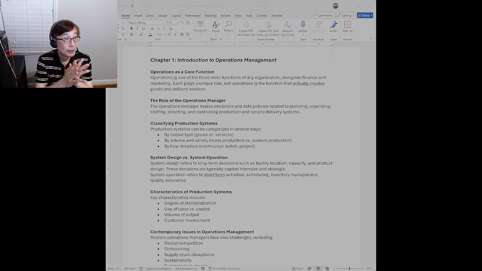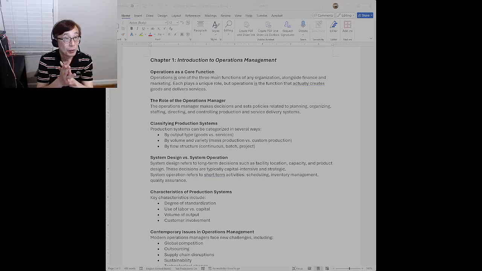So it talks about operations as a core function, right? So one of the three main functions. Business functions are more than three, but actually they recognize finance, marketing, and operations as the three main functions, right?